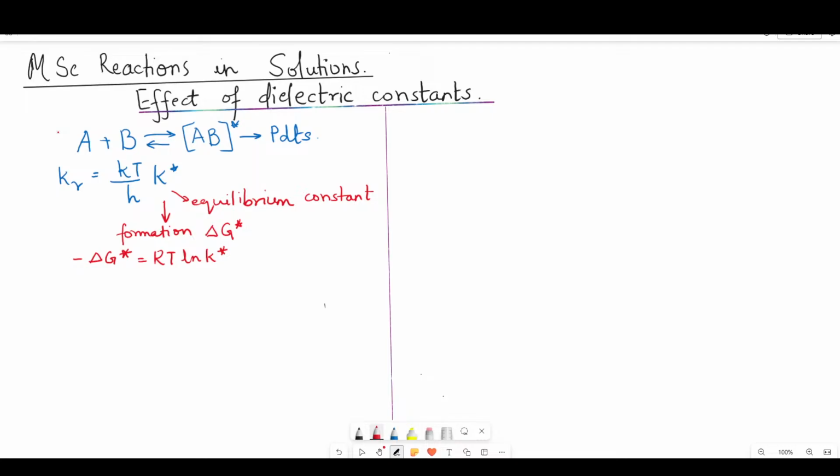Therefore, if we move this here, we can say that ln of K star is equal to minus delta G star divided by RT.